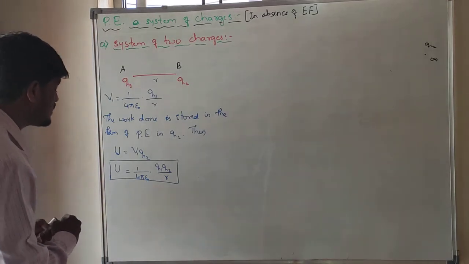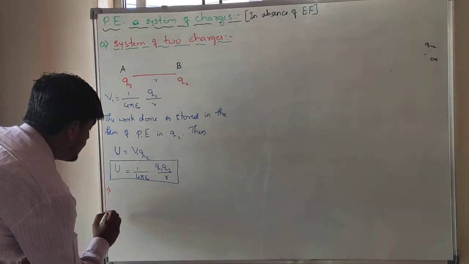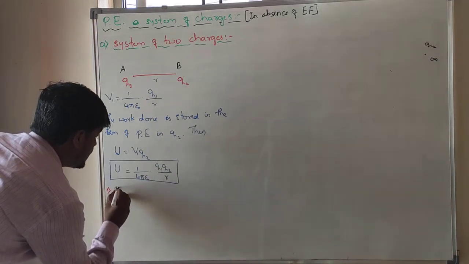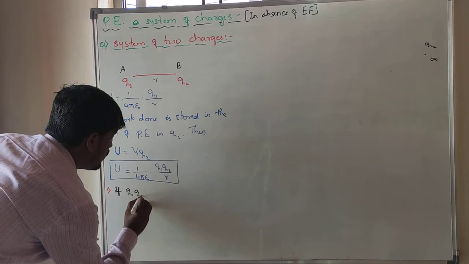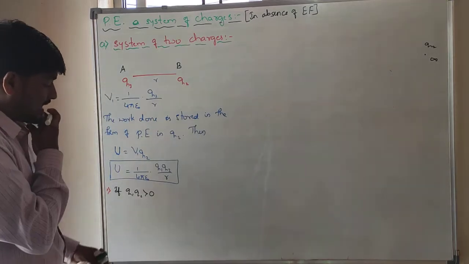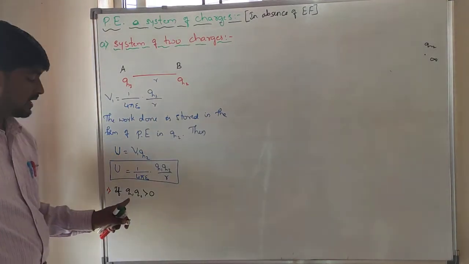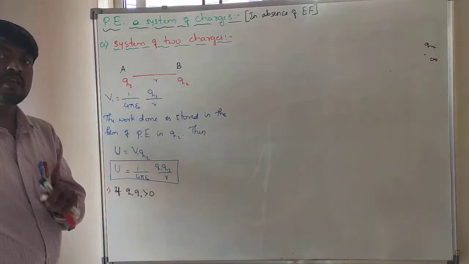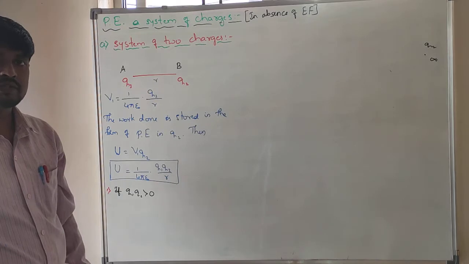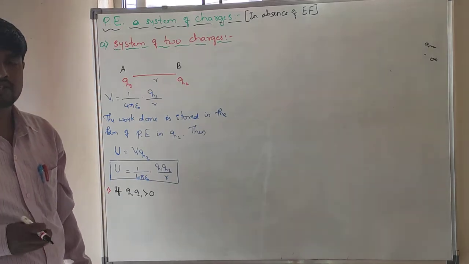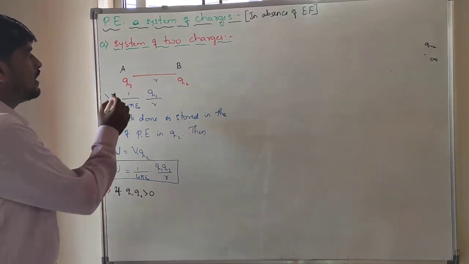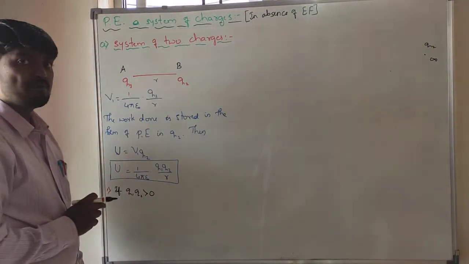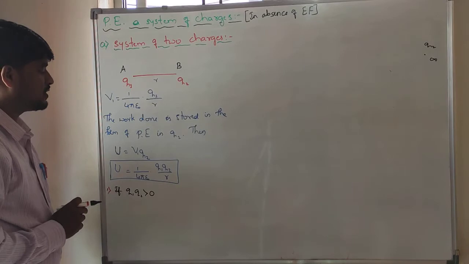What are those special cases? Case 1: referring to the above equation, if Q1 Q2 is greater than 0. As I said in the first chapter, if the product of two charges is greater than 0, they must be alike charges. That means they repel each other. Hence, Q1 and Q2 may be plus plus, or minus minus, negative charges.